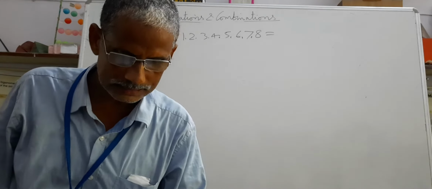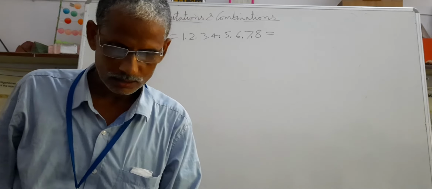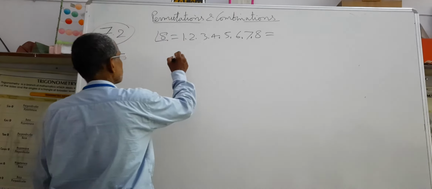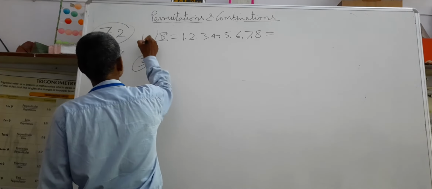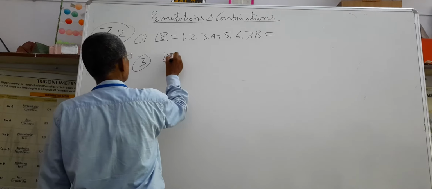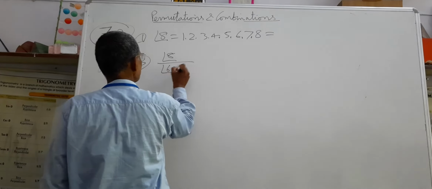Your question number 3 is given. Evaluate factorial 8 divided by factorial 6 into factorial 2.